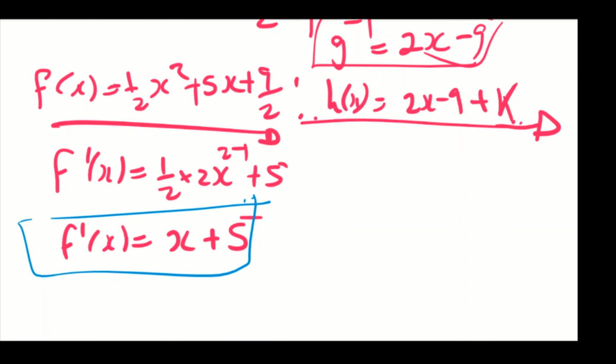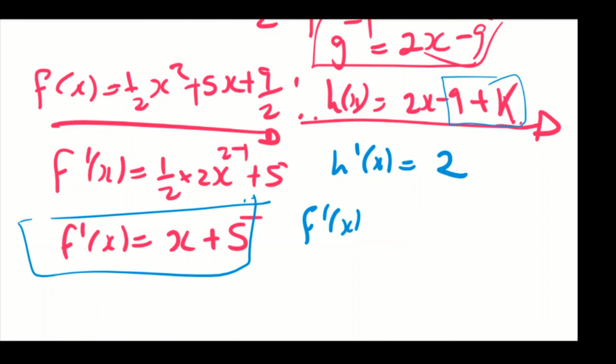And then for h of x, we're just going to differentiate it. We'll have 2, right? That's the derivative because the rest are constants. So we are going to say f prime of x is equal to h prime of x because they meet at that point, the gradients are equal.